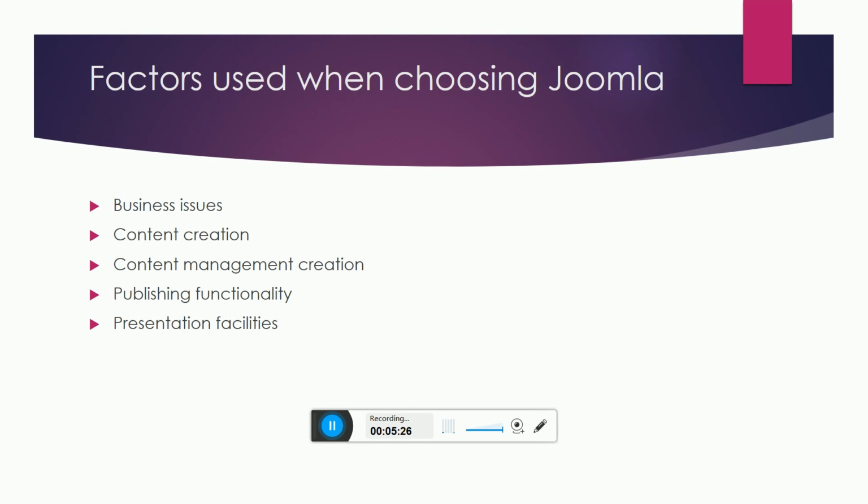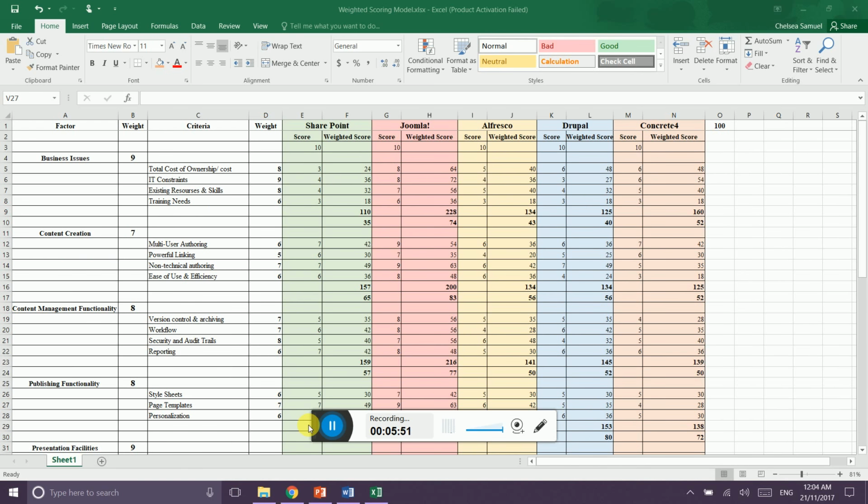These were the factors used when choosing Joomla. I looked at the business issues of each, the content creation, content management, publishing functionalities, and the presentation facilities of each. I then did a weighted score model in order to choose the best fit system for an organization. This is how the weighted score model was done.